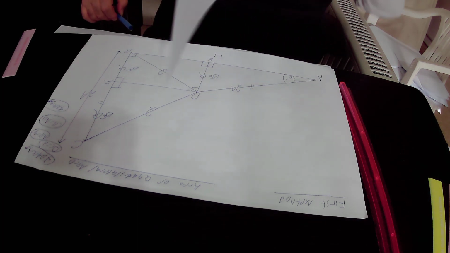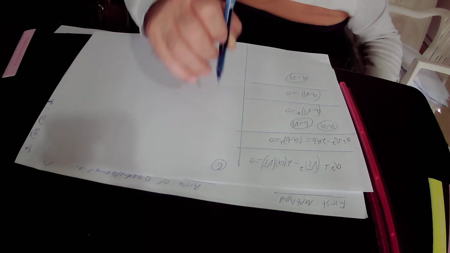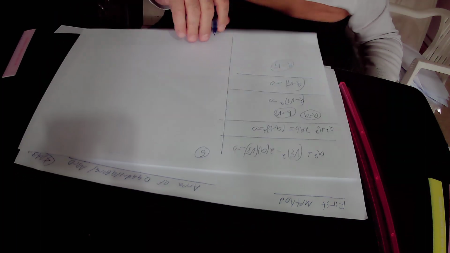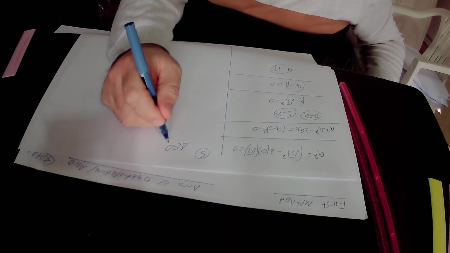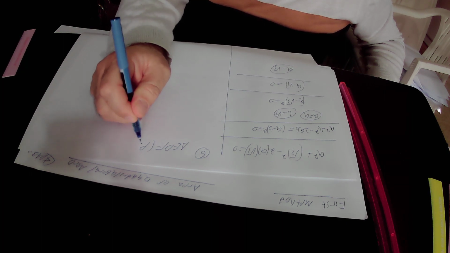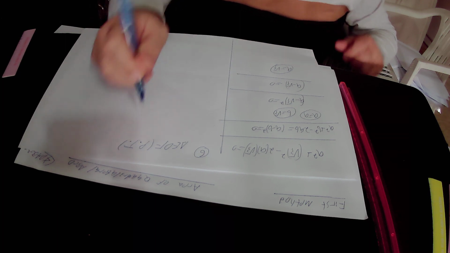So according to the Pythagoras theorem, if you focus on the right triangle EDF, PT is the abbreviation for Pythagoras theorem.